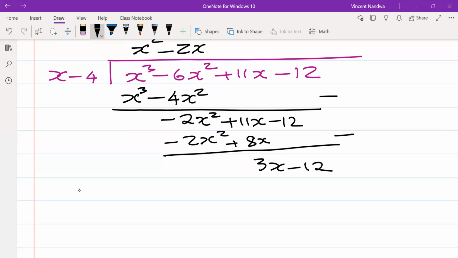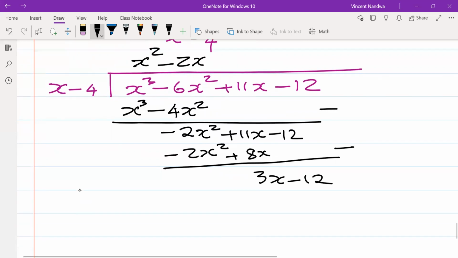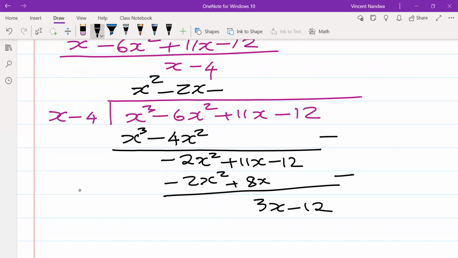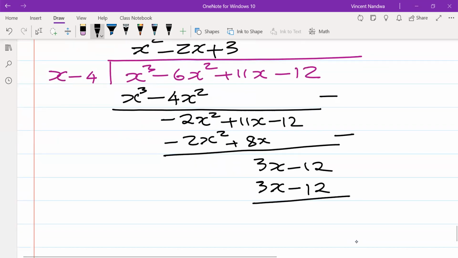So what should we multiply by x to get 3x? Positive 3. So I'll have 3x, and then 3 times minus 4 is minus 12. When you subtract, you get 0.